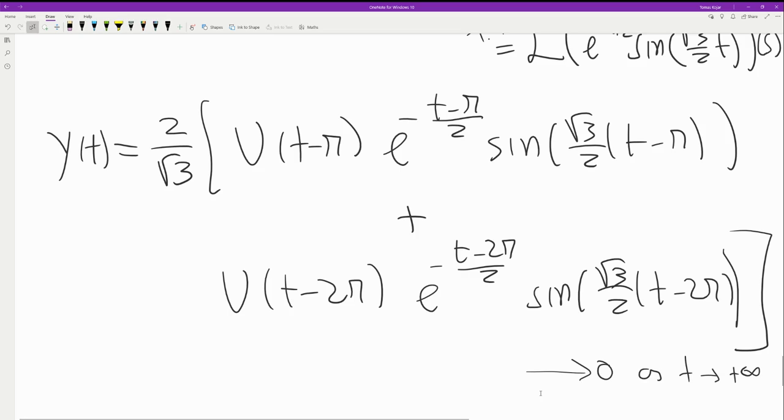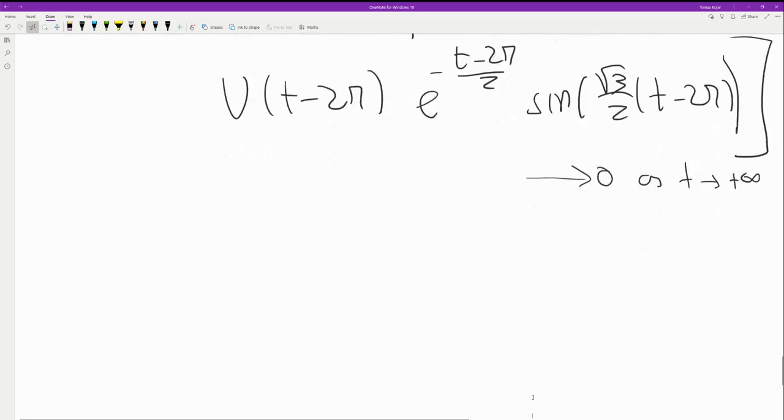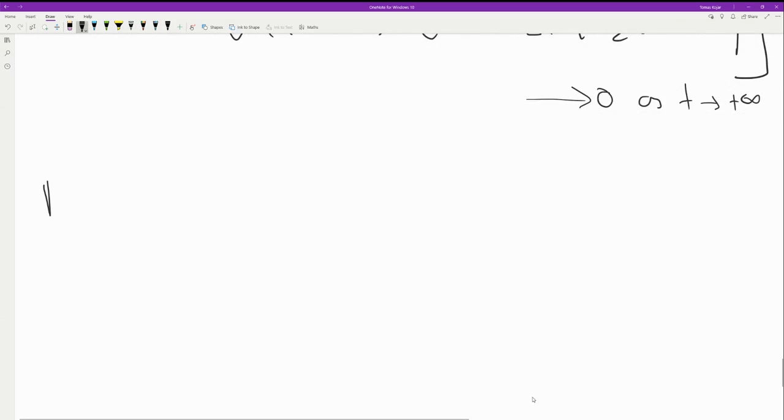Okay, so I want to have some time to at least do one more complicated convolution example. So this is from your book, exercise 48.